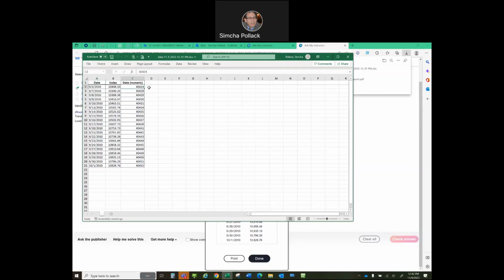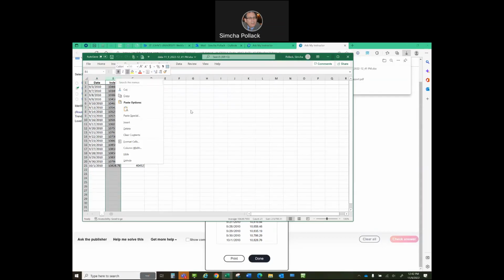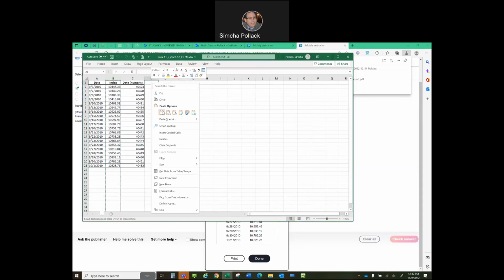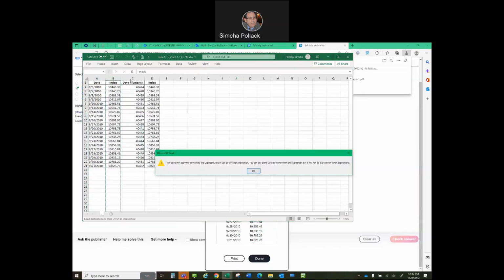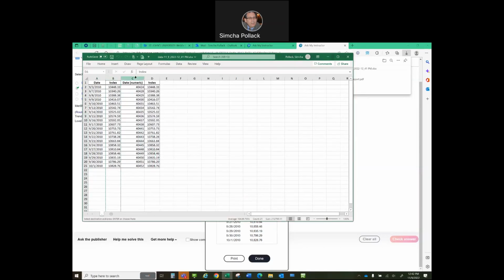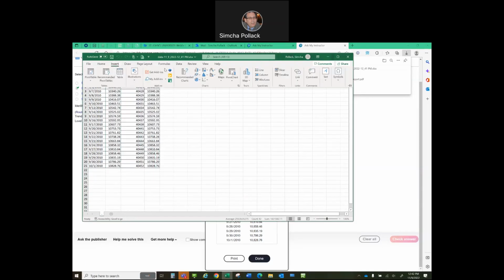The problem is when you try to insert a scattergram, it takes this as the X and this as the Y. So let's copy this over. Copy, paste. Now we have it in the right order. We want to take these two columns, highlight these dates, and say insert.